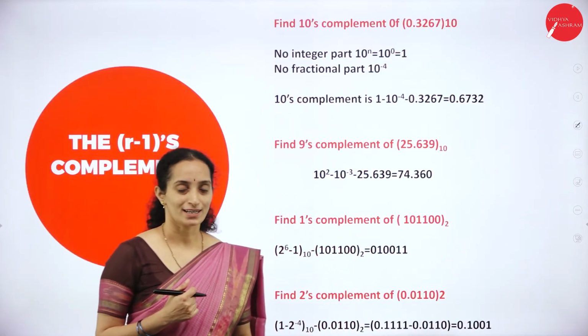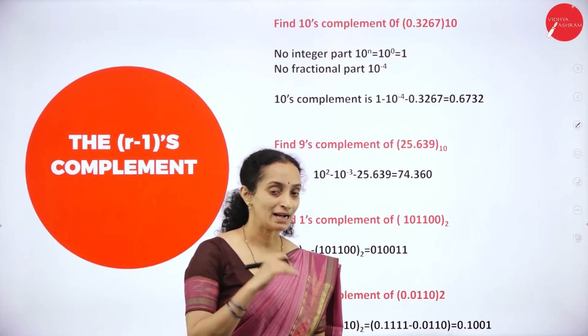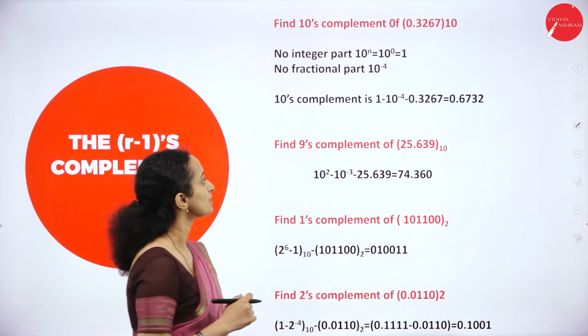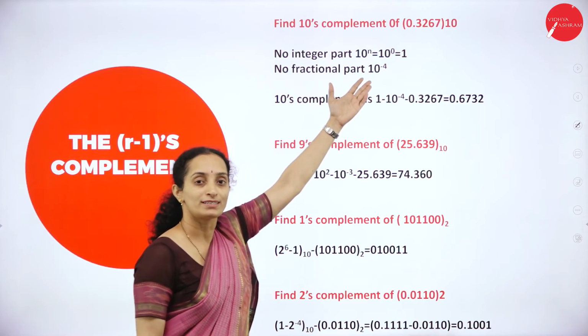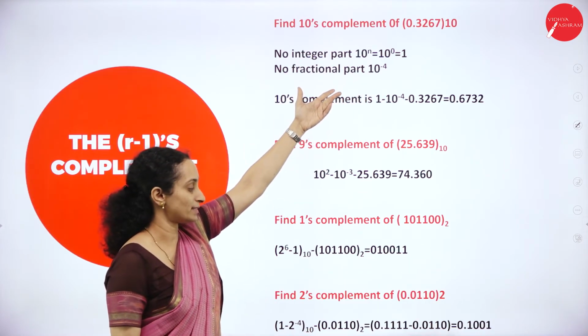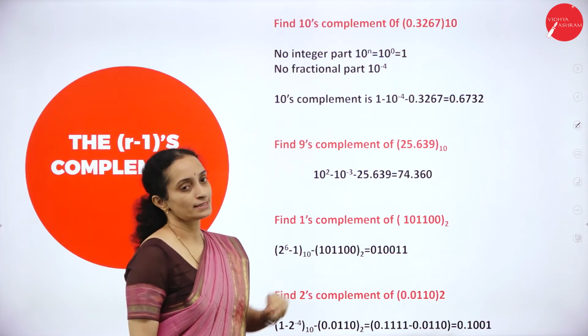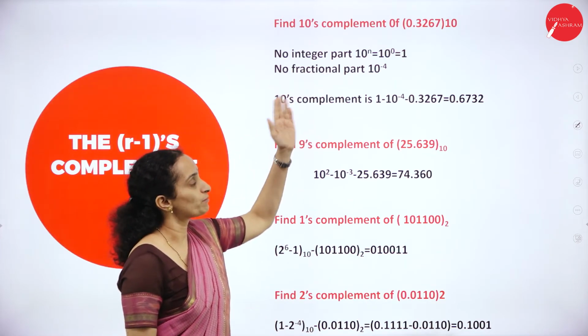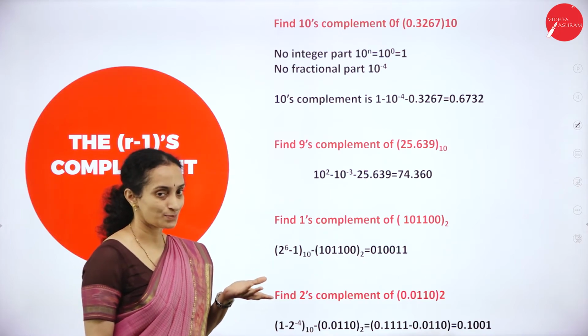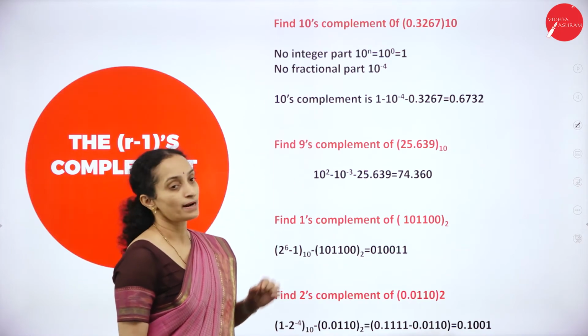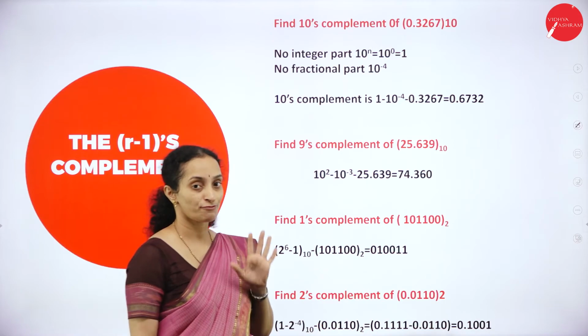Let's look at the same examples for the R minus 1's complement with a fraction. Now I have 0.3267 in base 10. There is no integer part, so 10 to the power of 0 is 1. The fractional part is 10 to the power of minus 4.